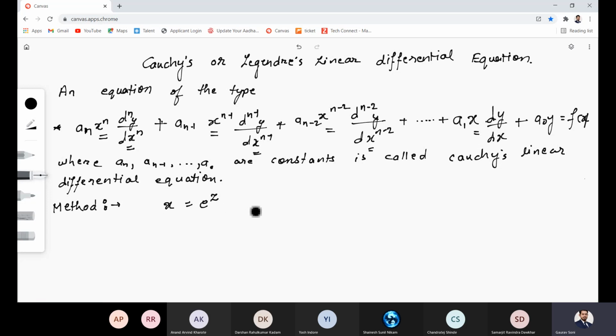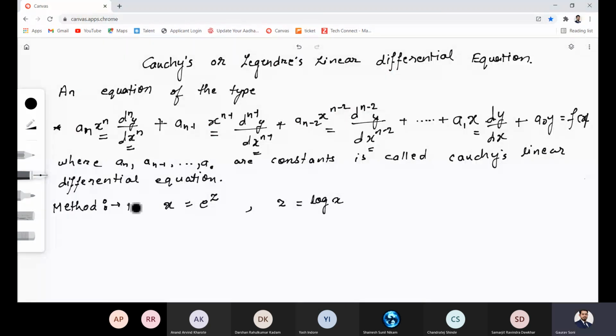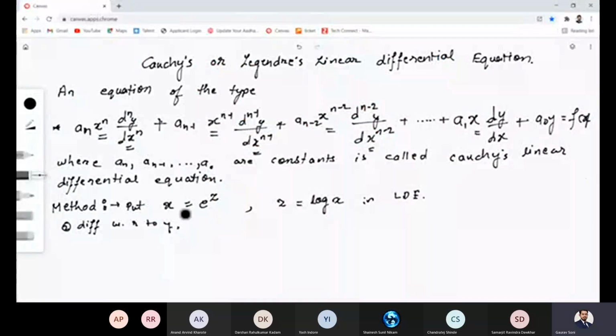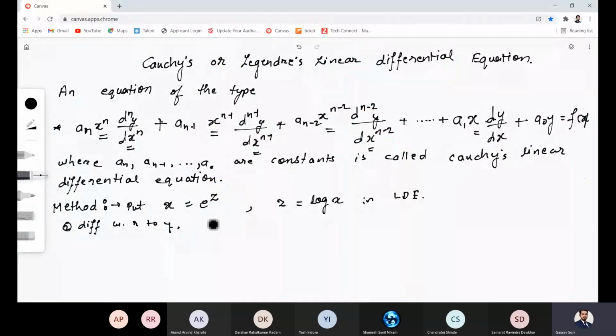Also with this, I have to write that z is equal to log x. So put this in the linear differential equation. The second step is to differentiate with respect to y. When we differentiate x is equal to e raised to z with respect to y, what do we get? dx upon dy.